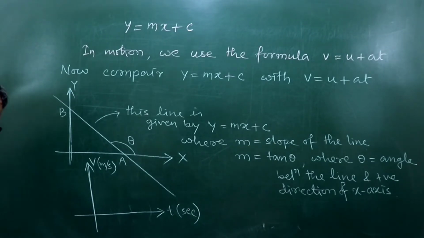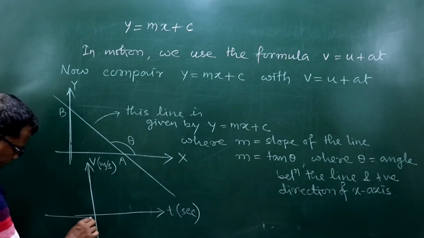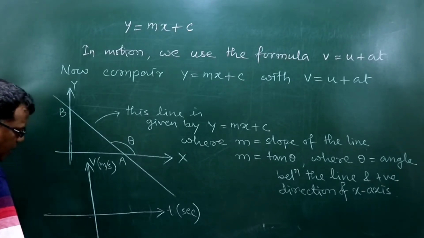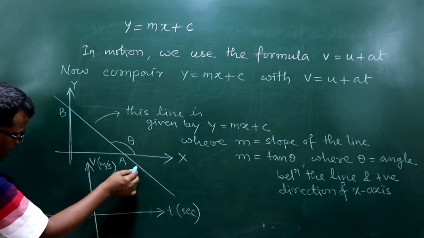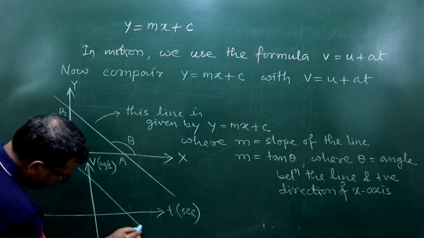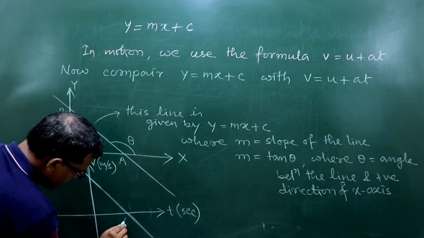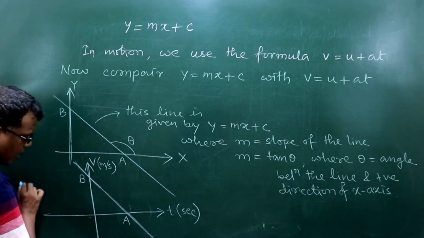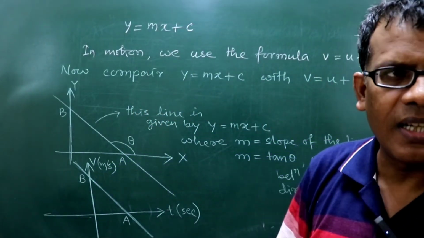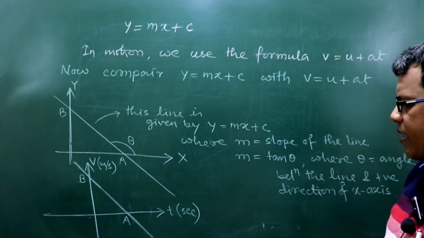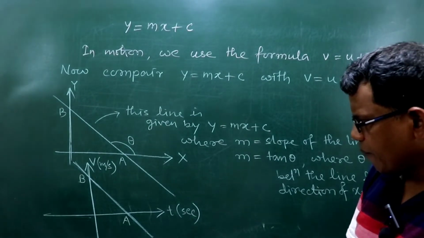And if I draw a line, in the same way, suppose exactly parallel to AB, cutting x-axis and y-axis, this time x-axis is representing the time t in second and y-axis is representing v, that is velocity.